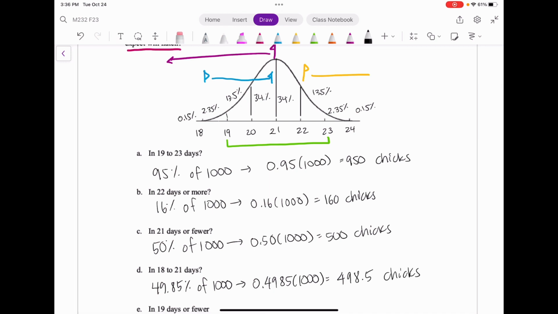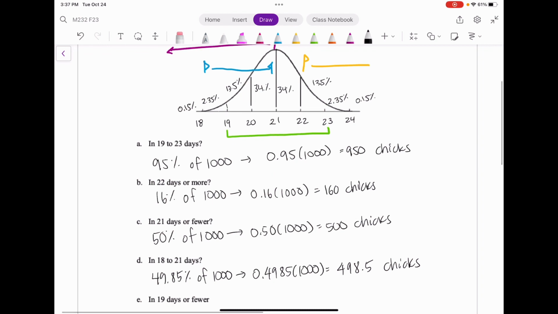You cannot have half a chick. But when you are calculating expected value, it is actually okay to say half a chick. You'll hear people talk about the American dream, where there's 2.5 kids. It's an expected value. You can't actually have 2.5 children, but when you're calculating expected value, it is okay.